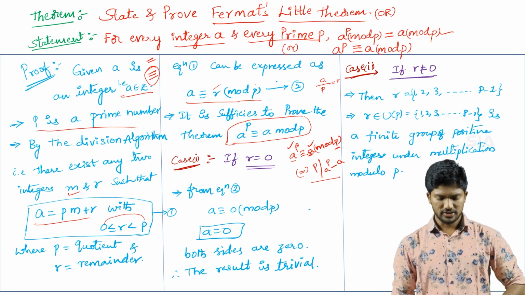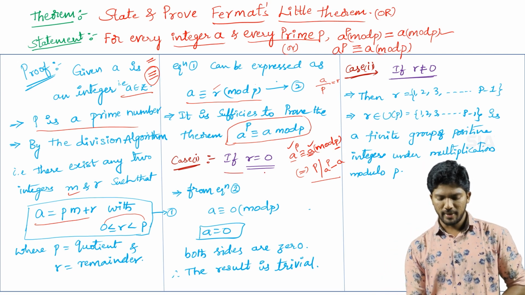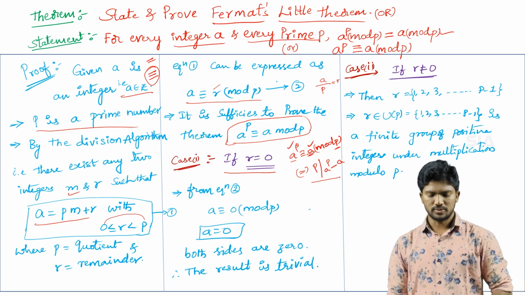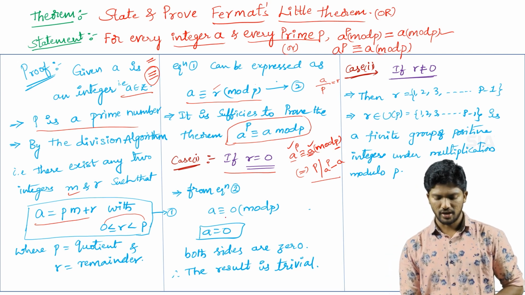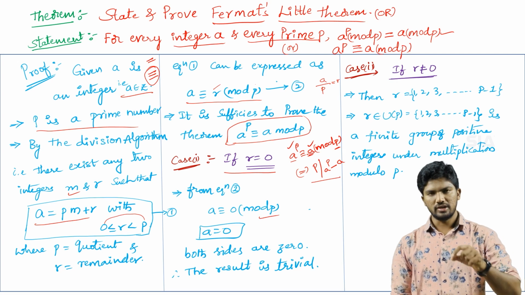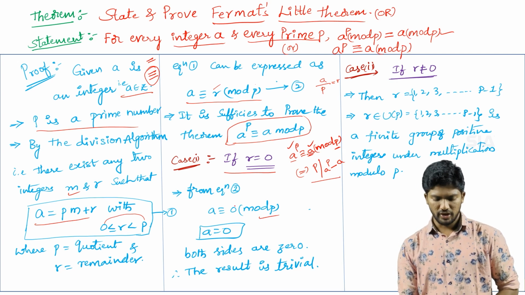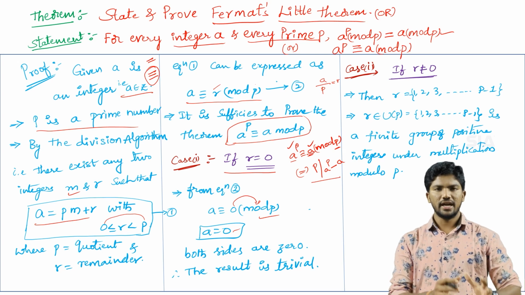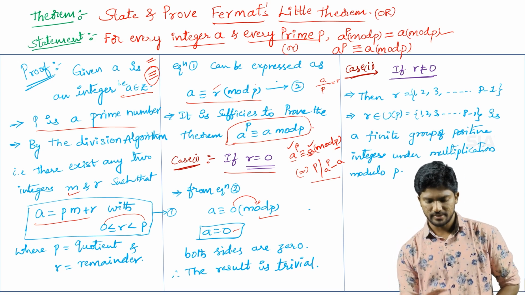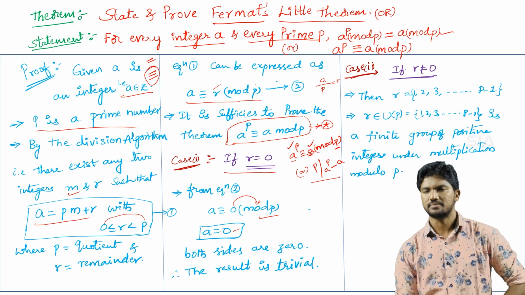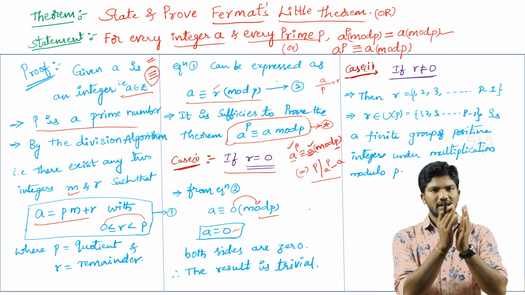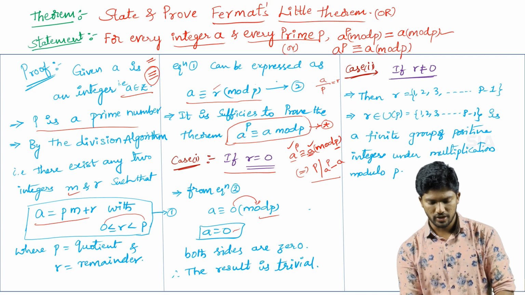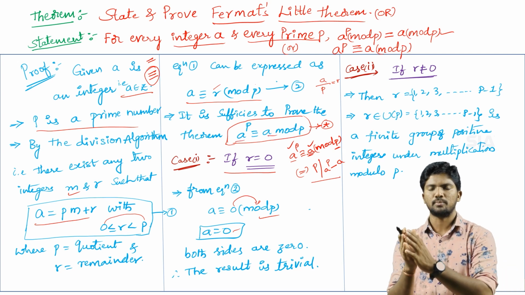In case 1, if you take remainder r equal to 0, substitute r equal to 0 in equation number 2, then you will get a congruent to 0 modulo p. So a equals 0. If you substitute a equal to 0 in this equation, which we can call equation star, the left hand side will become 0 and the right hand side will become 0.